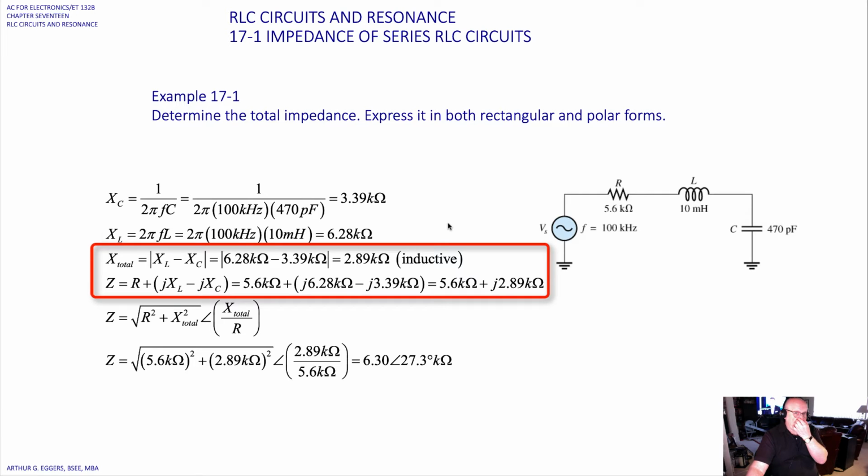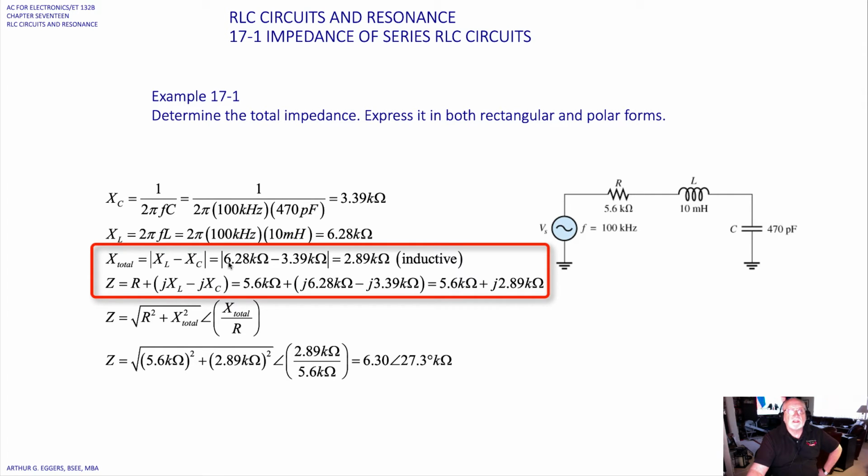So now we start treating those values phasorially or vectorially, however you want to think about it. Each is correct, but we call it phasors in electronics, as we've said before. So the total value of the reactance for those two components, the inductor and the capacitor, becomes the absolute value of the difference of the two, X sub L minus X sub C.